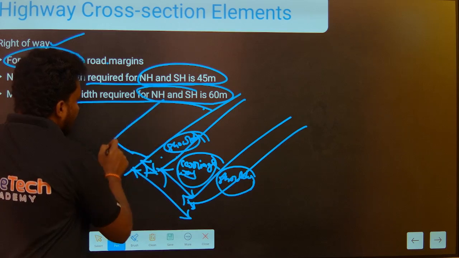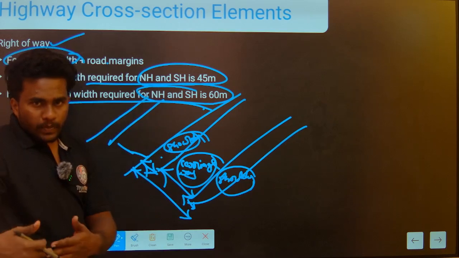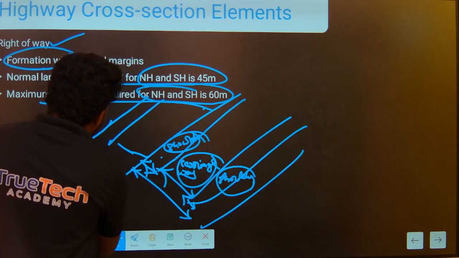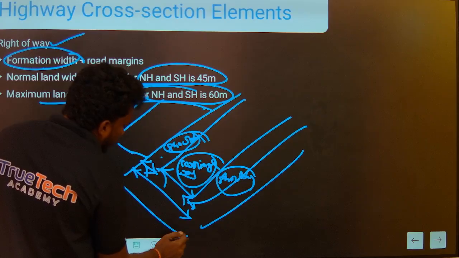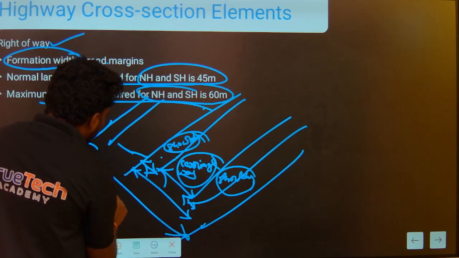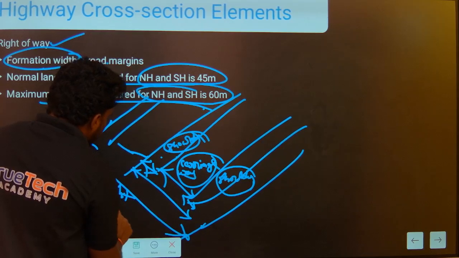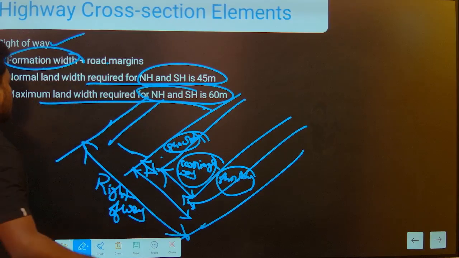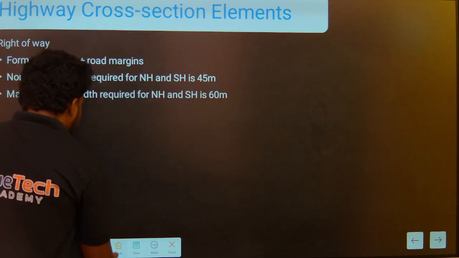After that, some land is required for future equipment and future constructions. So the total distance from this outer line to this outer line is called the right of way. I am teaching in simple words. So this is the right of way.